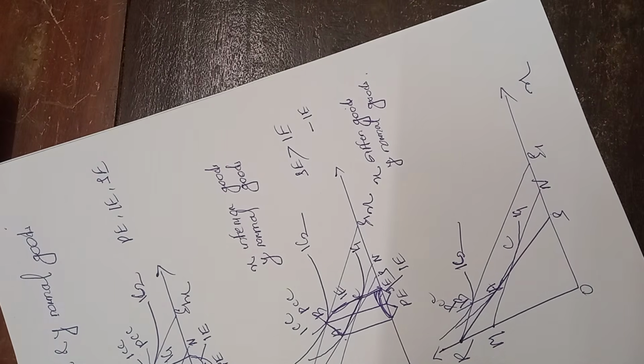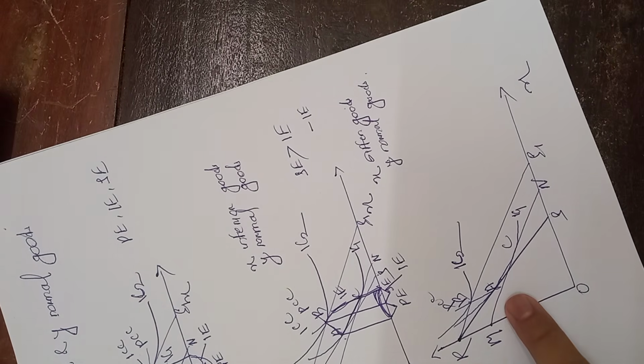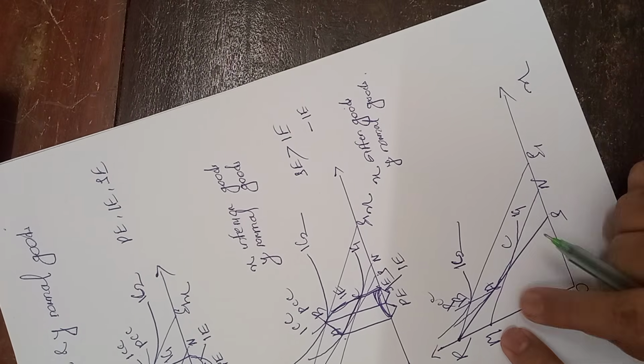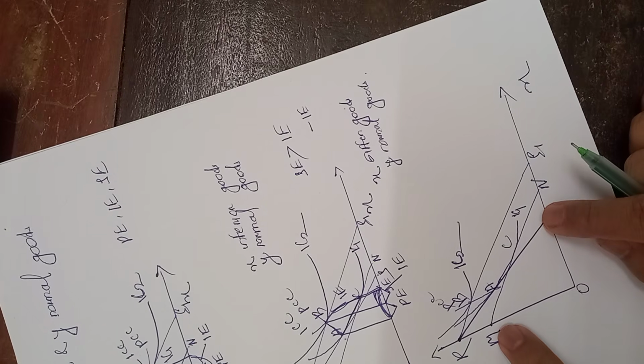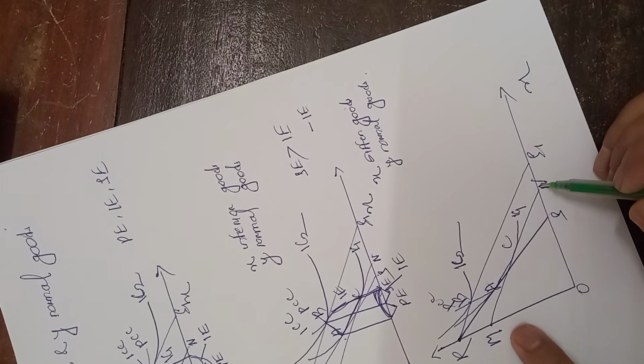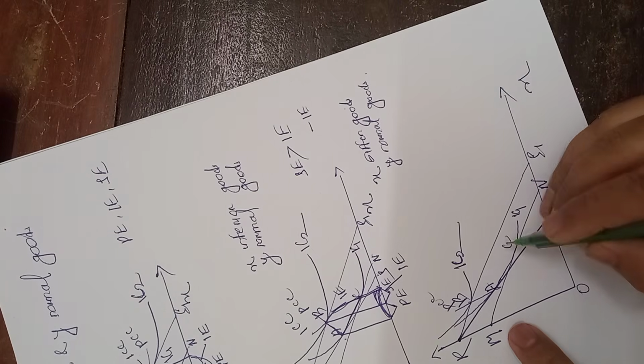Similarly, like the normal good case and inferior good case, we need to calculate substitution effect and income effect. So for that we need to take some income from the consumer, so that he will be back to the initial level of utility, or the initial indifference curve. So you draw a new budget line MN parallel to RS. Here the touching point means equilibrium.